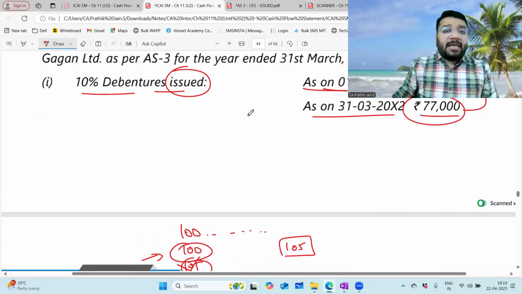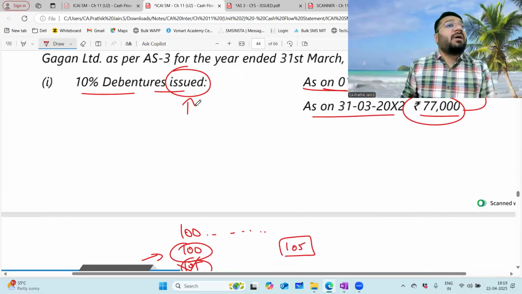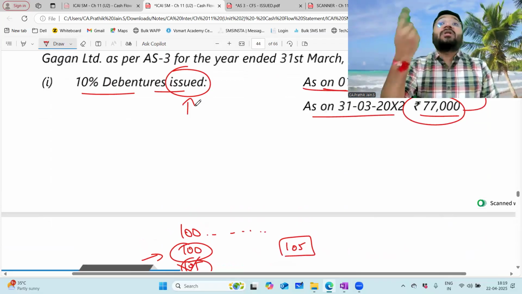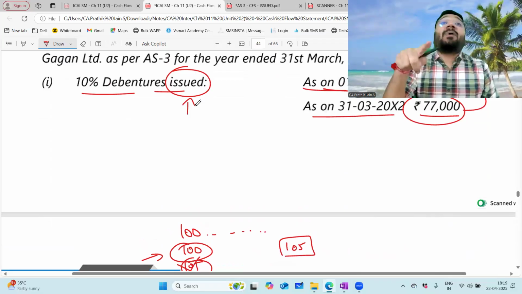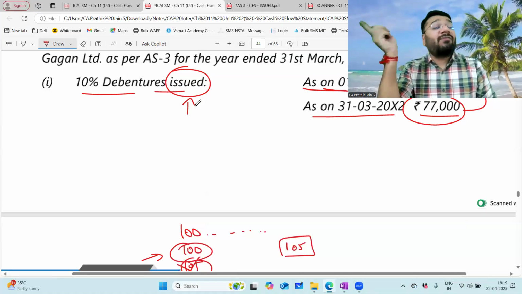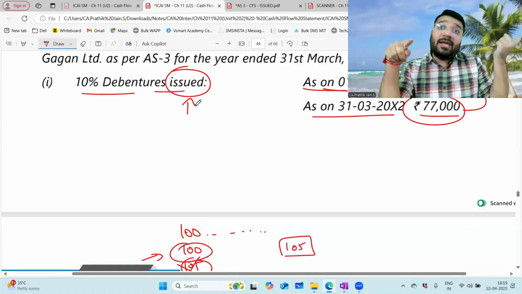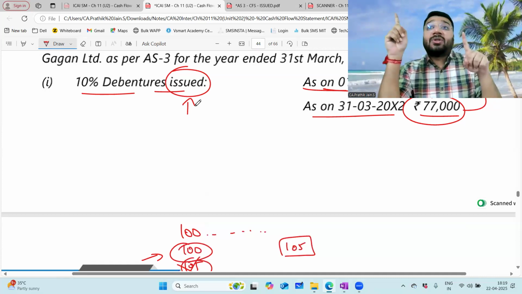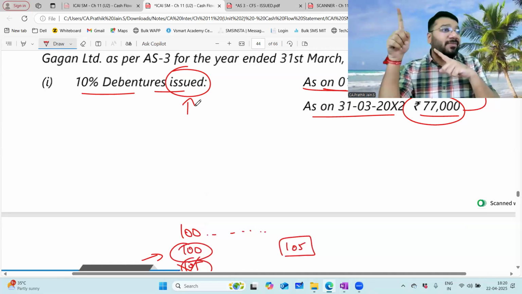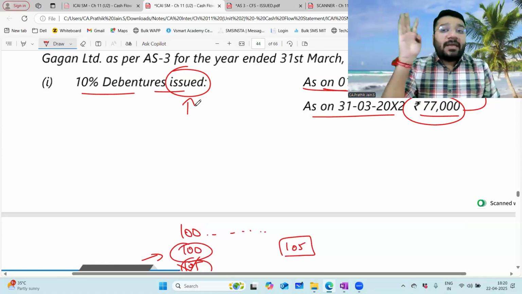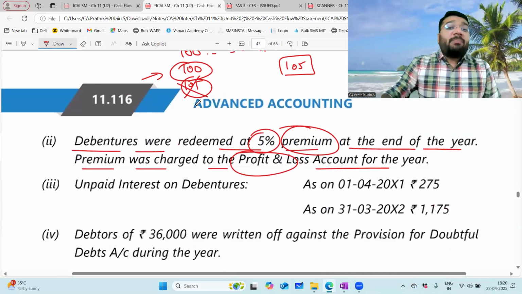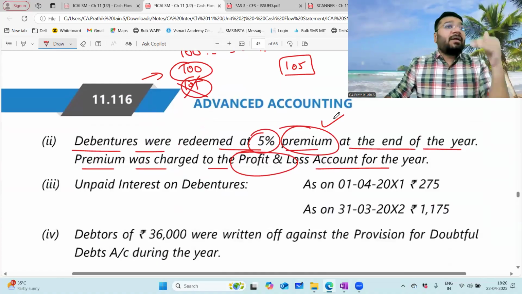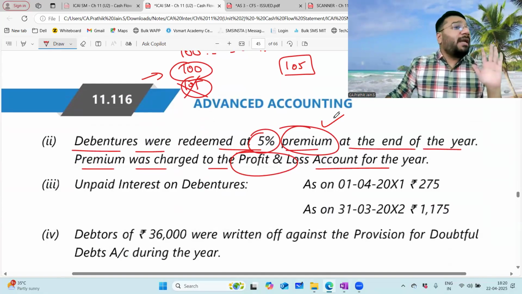This is also one possible assumption, because the word they have given is issued. It is 100% possible. But the expression I gave you before is also possible, because we have a few questions in the future where the issue is done earlier and at that time the redemption at premium is not known. Either way you take it, both are correct. In short, the premium on redemption affects the current year.